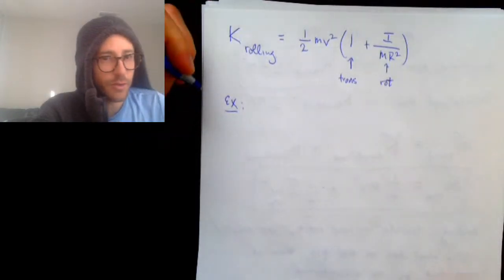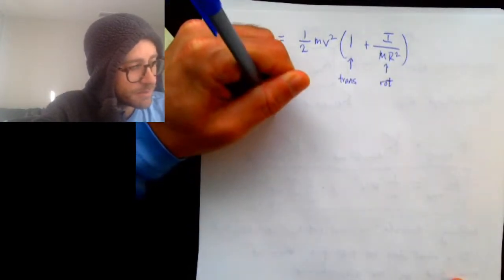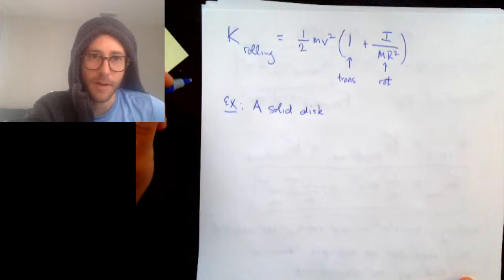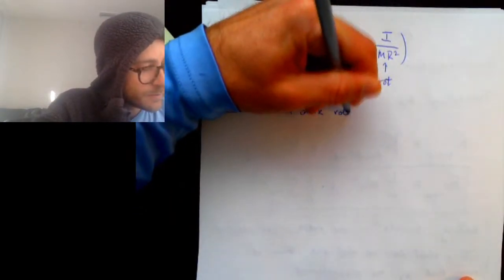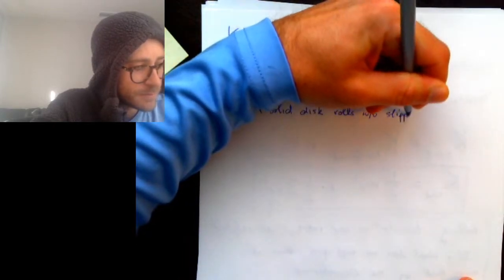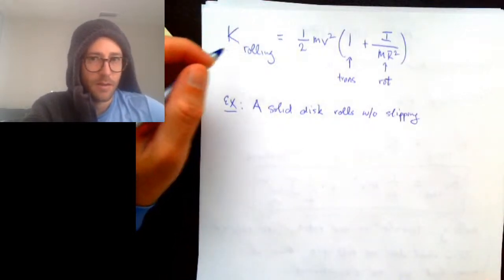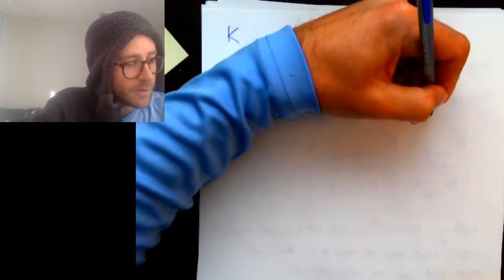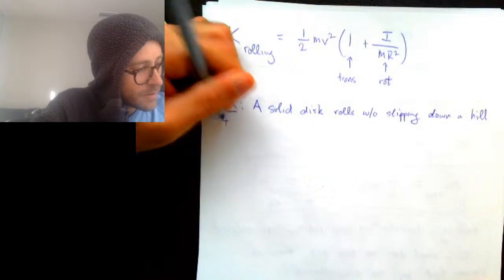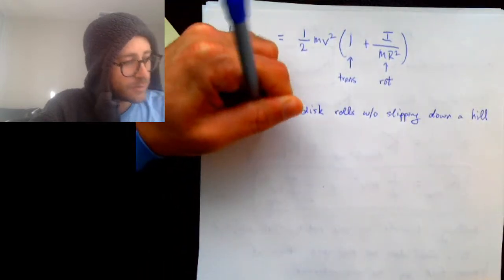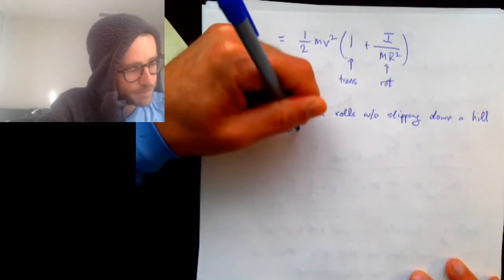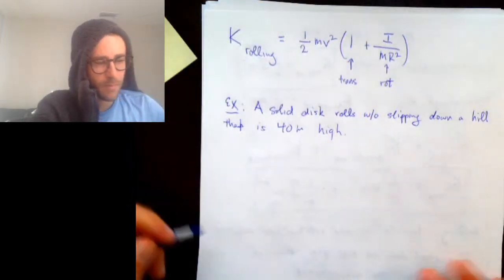Let's suppose that you have a solid disk, okay, rolls without slipping down a hill that is, let's say, 40 meters high. It's a big hill. All right.